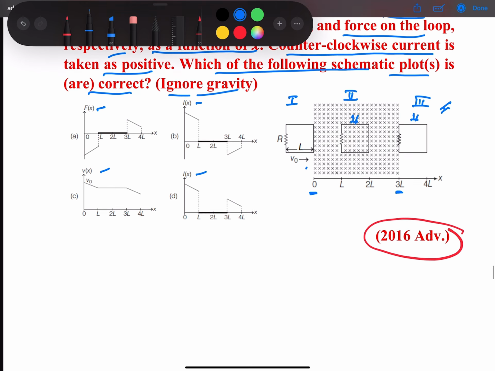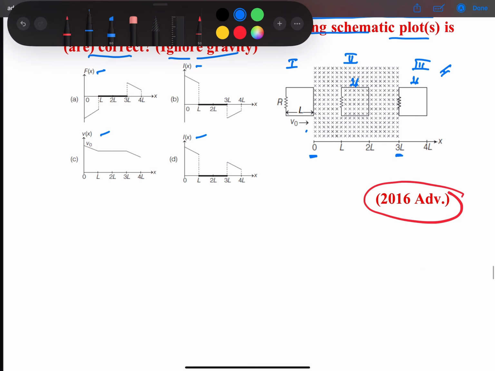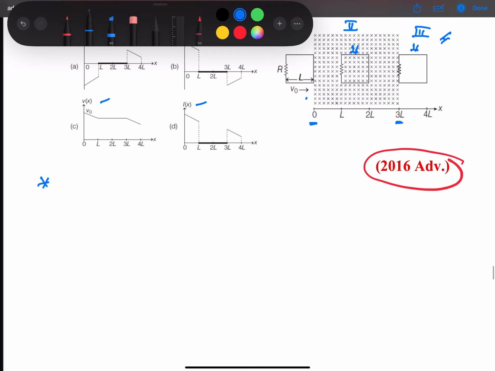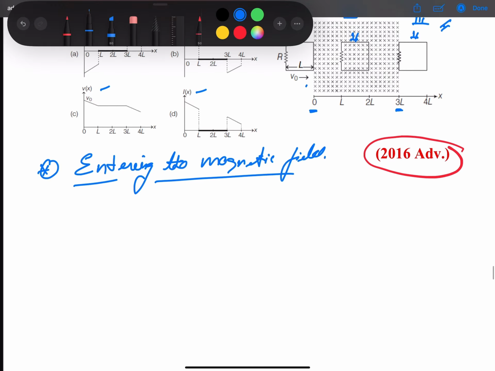So let's call the first region entering the magnetic field. So we can find out the induced EMF as well as the induced current.